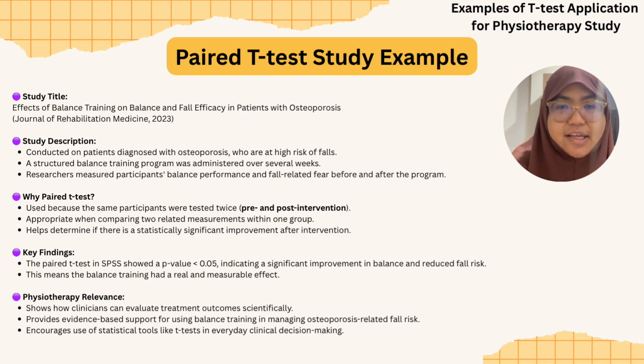The paired t-test was used because the same participants were tested twice, pre and post intervention. The result showed a p-value less than 0.05, which means there was a significant improvement in balance and reduced fall risk. This proves that balance training had a real measurable effect and supports evidence-based physiotherapy.